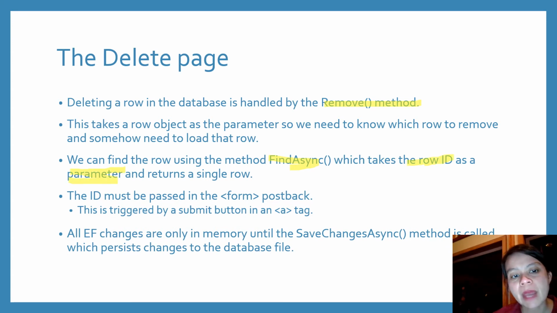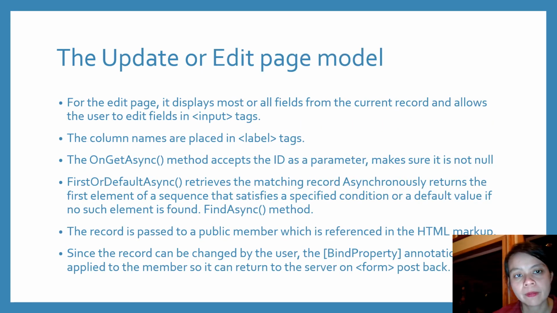The ID must be passed in the form postback, and this is triggered by a submit button you see in an A tag. All the Entity Framework changes are only in memory until the SaveChangesAsync method is called, which makes the changes to the database file.